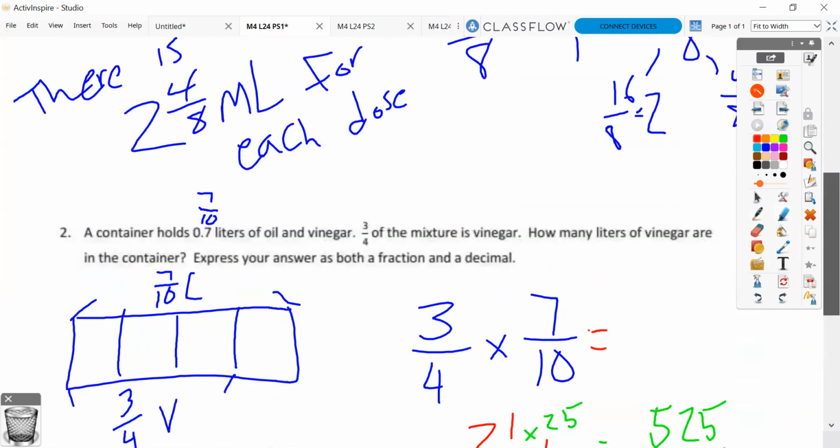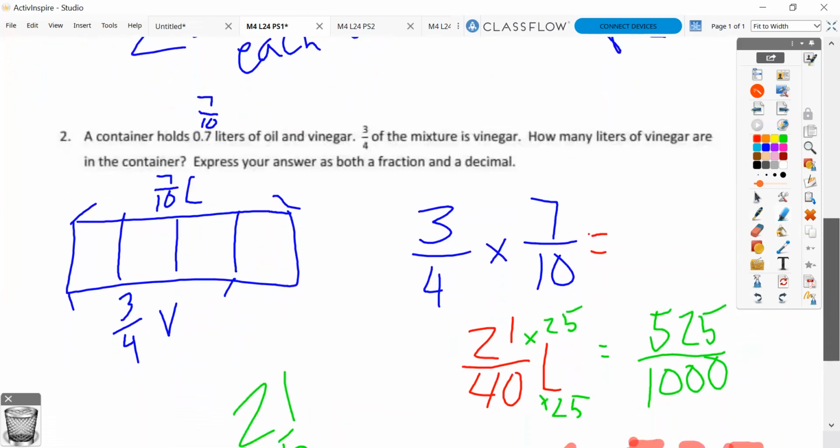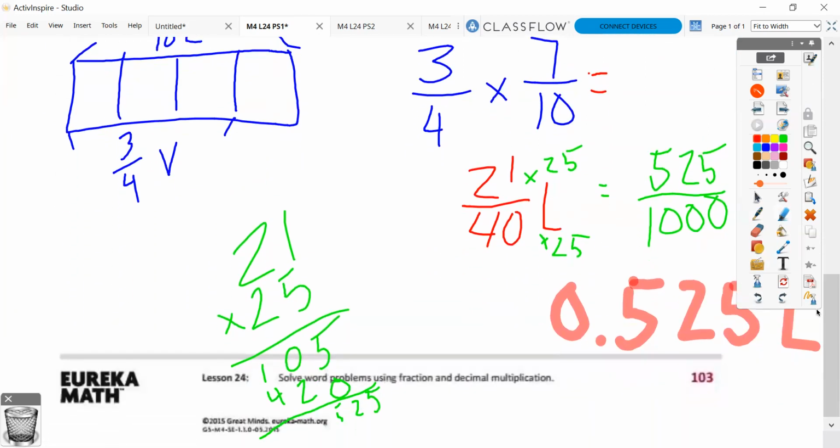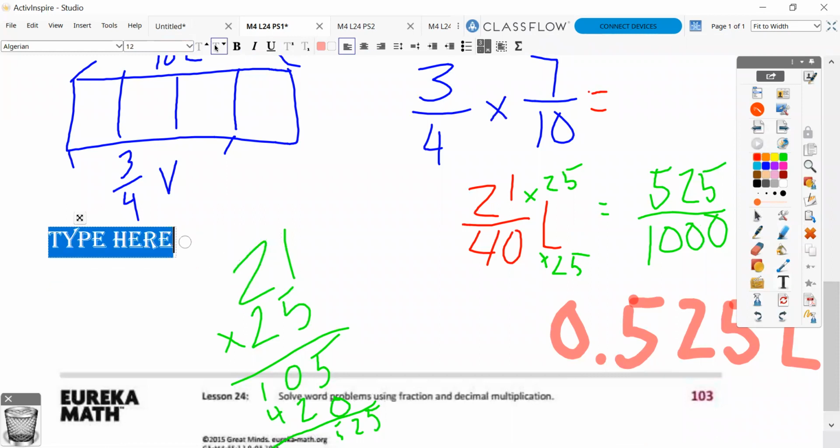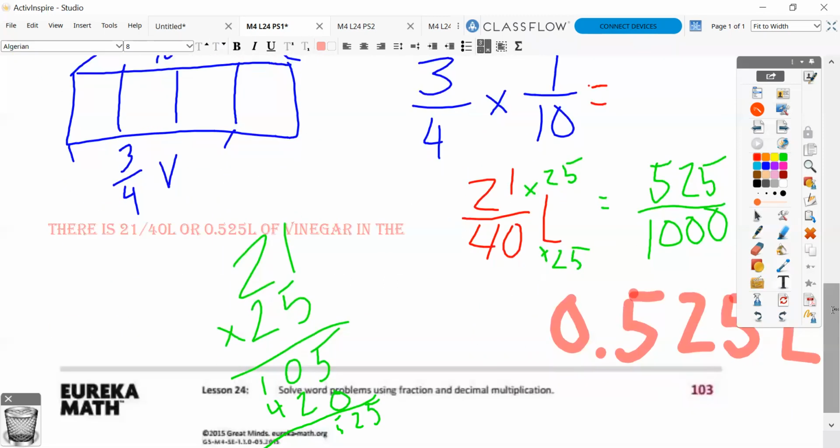So let's go ahead and answer the question. How many liters of vinegar are in the container? So there is 21/40ths of a liter, or 0.525, or 525 thousandths of a liter of vinegar in the container.